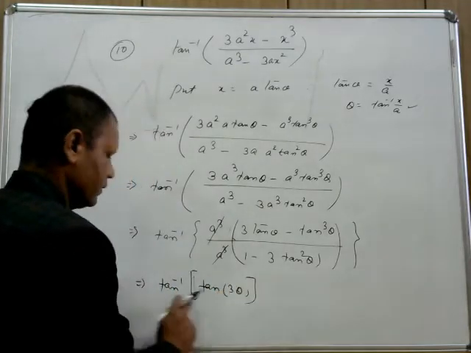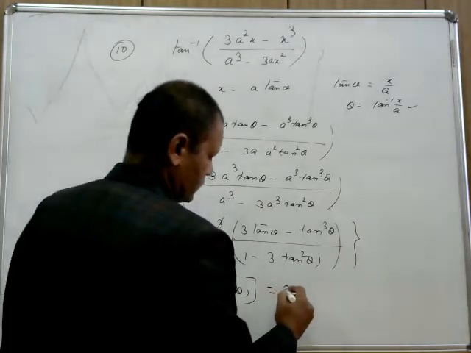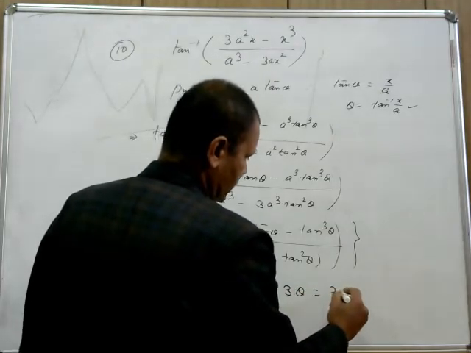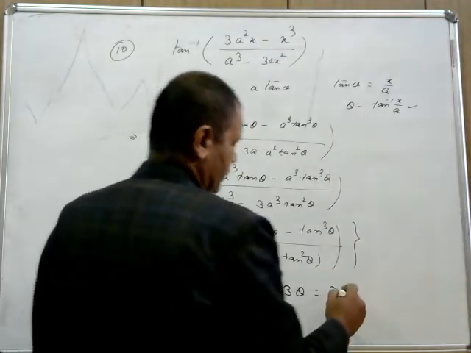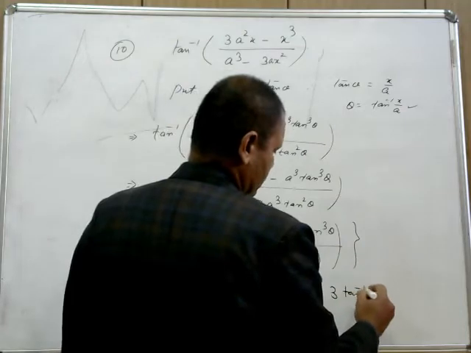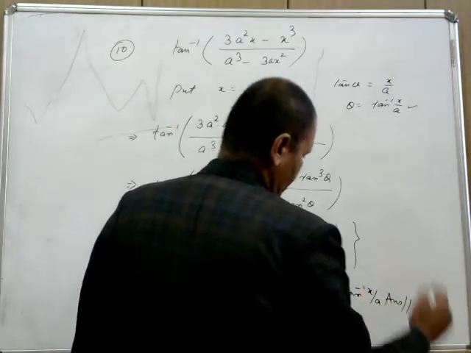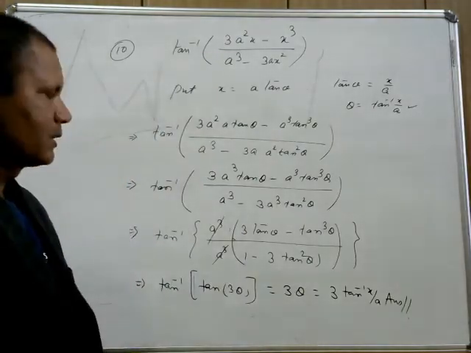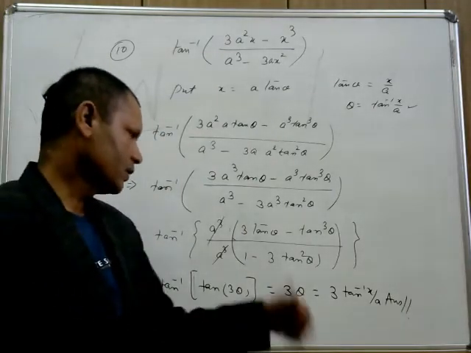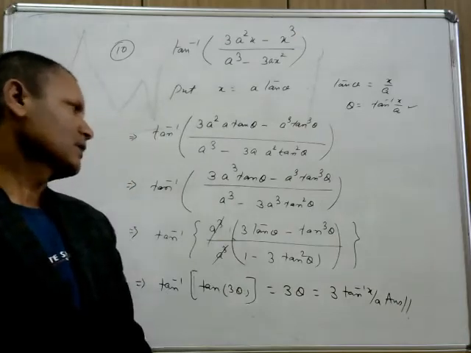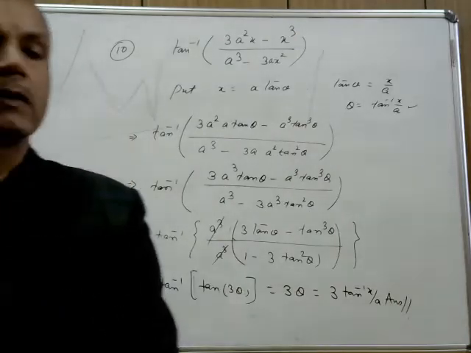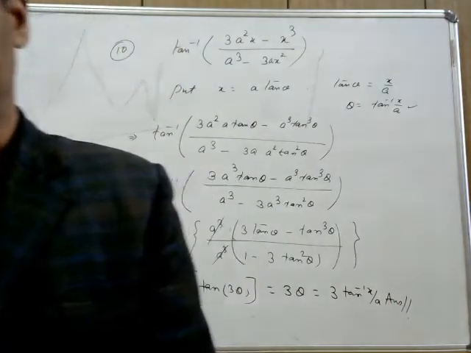Now see, tan inverse tan 3 theta is equal to 3 theta. And that is equal to 3 into theta, and theta we already have: tan inverse x upon a. Please remember this formula that tan 3 theta is equal to 3 tan theta minus tan cube theta upon 1 minus 3 tan square theta.